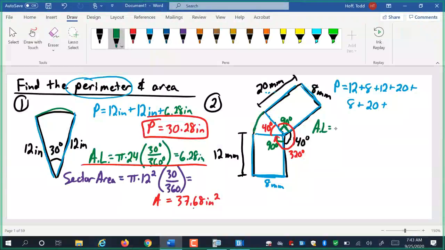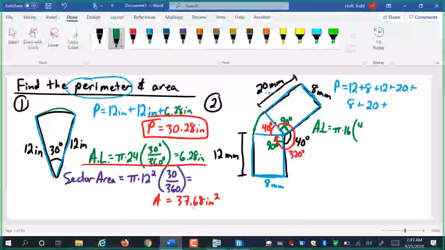The full circle would be pi times 16. Remember, radius of 8 makes it a diameter of 16. Times that 40 degrees over 360.